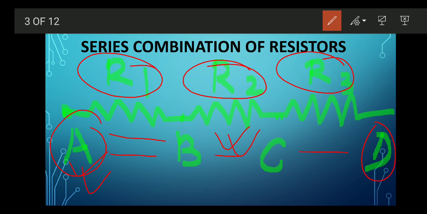Similarly, the other end of resistor R2 is connected to one end of the resistor R3, and the other end of resistor R3 to the point D.